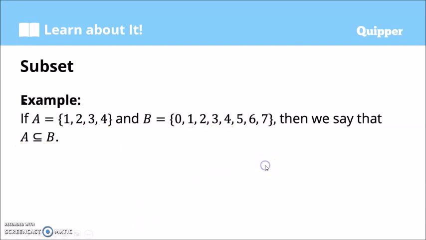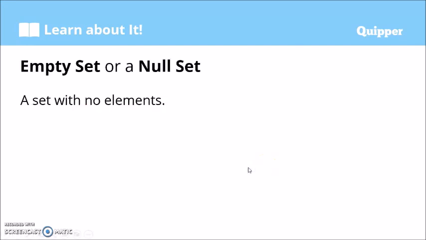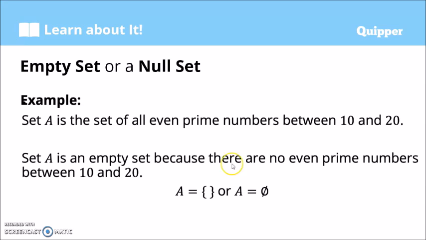We also have what we call an empty set or a null set. A null set is a set with no elements. So, wala siyang laman, no? Example ng empty set. Set A is the set of all even prime numbers between 10 and 20. Remember that a prime number, meaning to say, wala kang pwedeng ma-divide sa kanya except yung 1 at saka yung sarili niya.